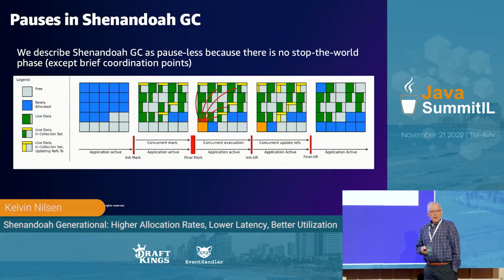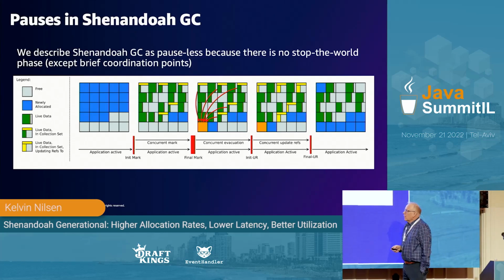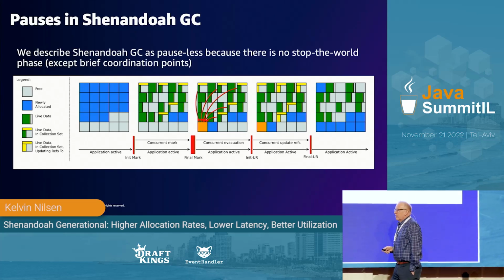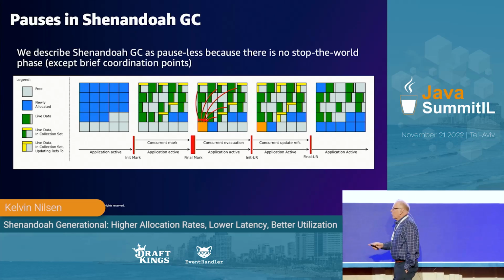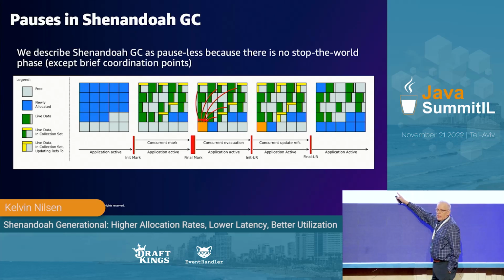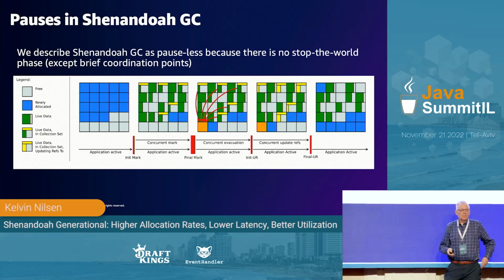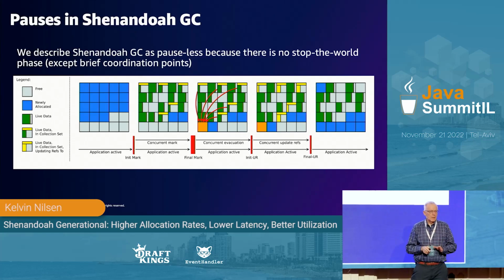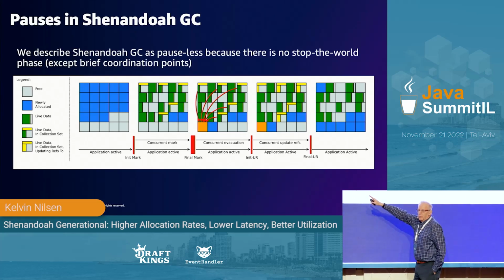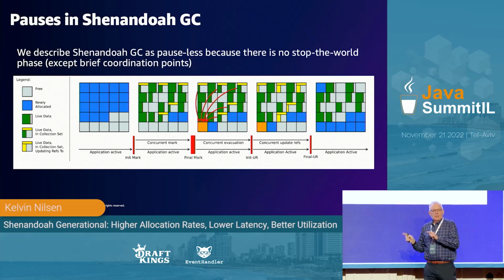To describe how Shenandoah garbage collection works, it's very traditional in the phases of execution. We begin with a mark phase, then we do evacuation of the live objects from the regions that are chosen to be collected. And then anything that's been moved, if there are pointers to that moved data, we have to update all those pointers.